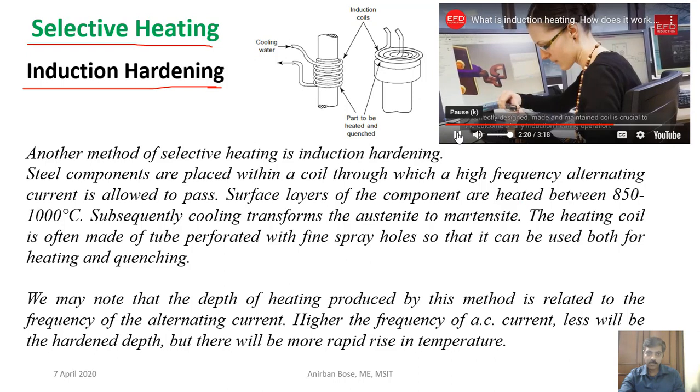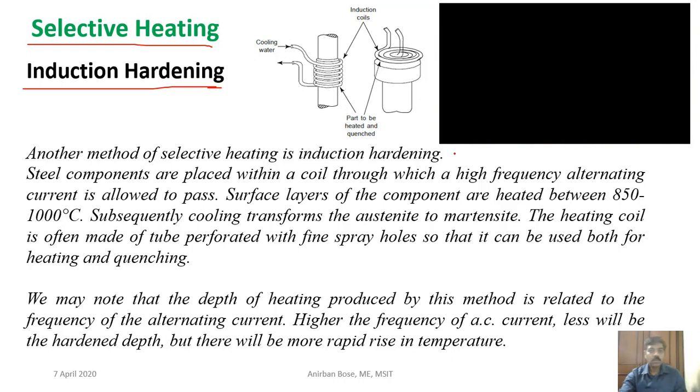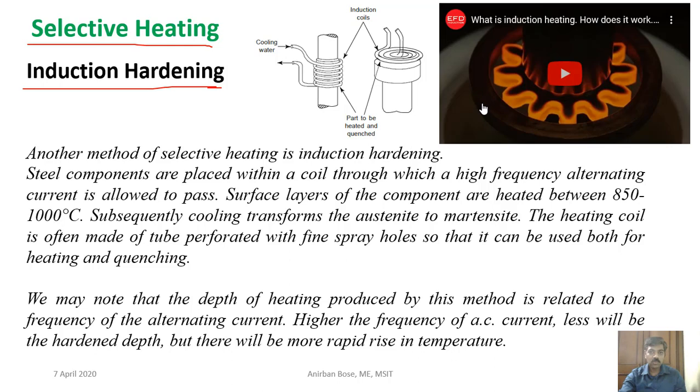A correctly designed, made and maintained coil is crucial to the outcome of any induction process. So you have understood how through the induction hardening process the material can be hardened, and quenching at the surface will produce the hardness at the surface. You can see the temperature is between 850 to 1000 degrees centigrade, and by cooling it is possible to form martensite at the surface.